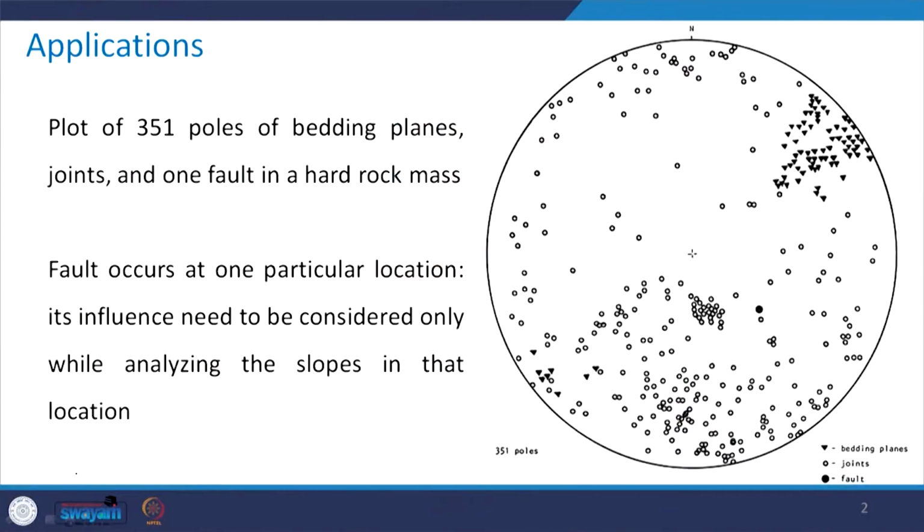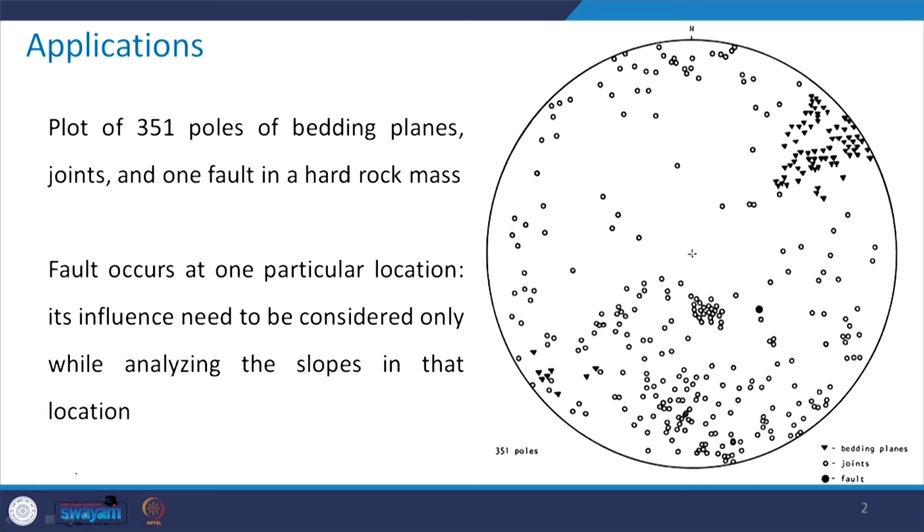So, you see that in this picture, a plot of 351 poles of bedding planes and joints has been shown, and there is one fault in the hard rock mass that also has been shown.